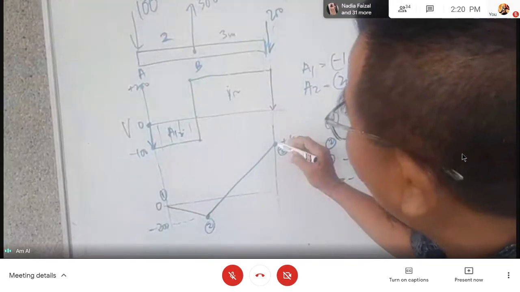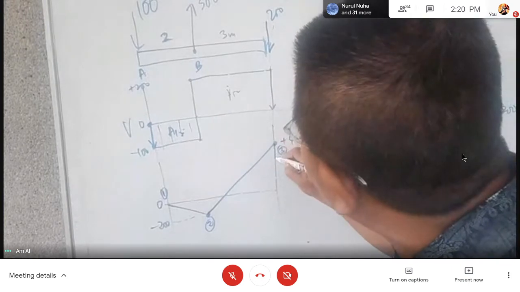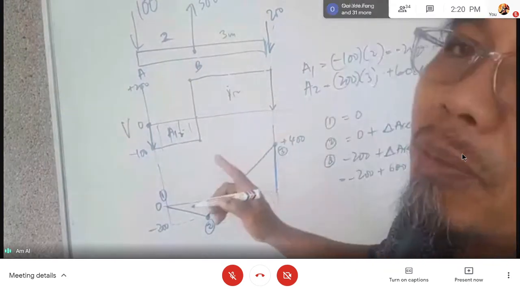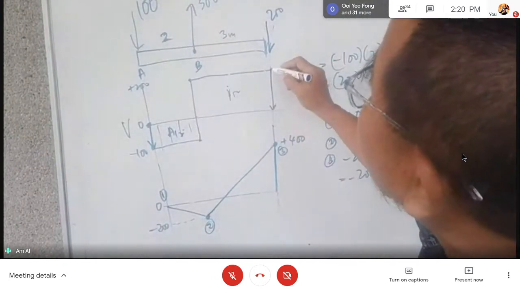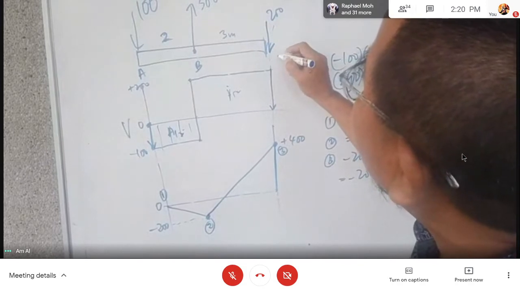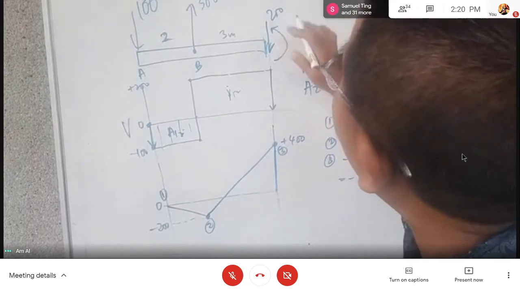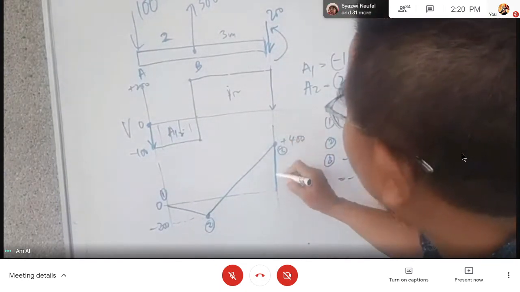So what do we know here? This must go back to 0 also. So the wall here must provide a point moment there to go back to 0. Is the point moment positive or negative? It is negative, because this goes down, right?